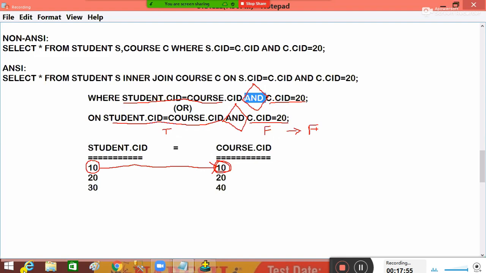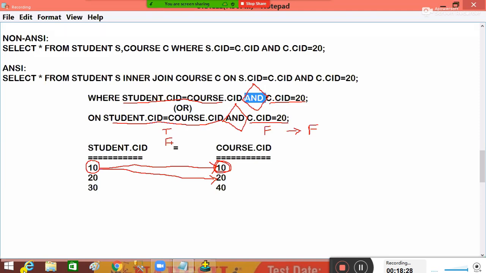Right? Now next you have to check. 10 is equals to 20. My first condition is false, which means is it necessary to check my second condition for the AND operator?